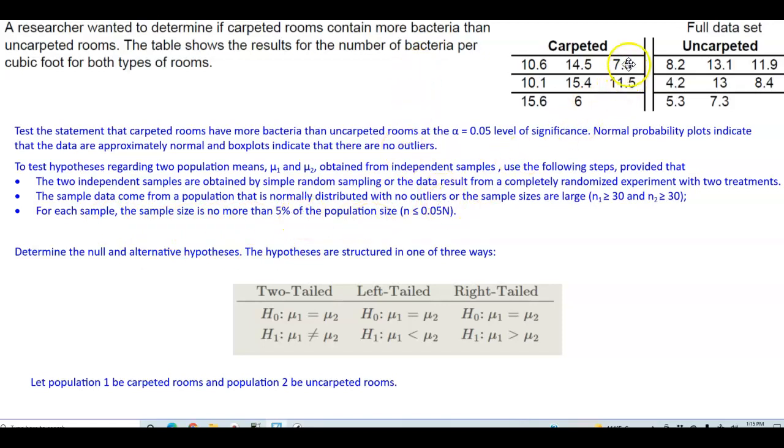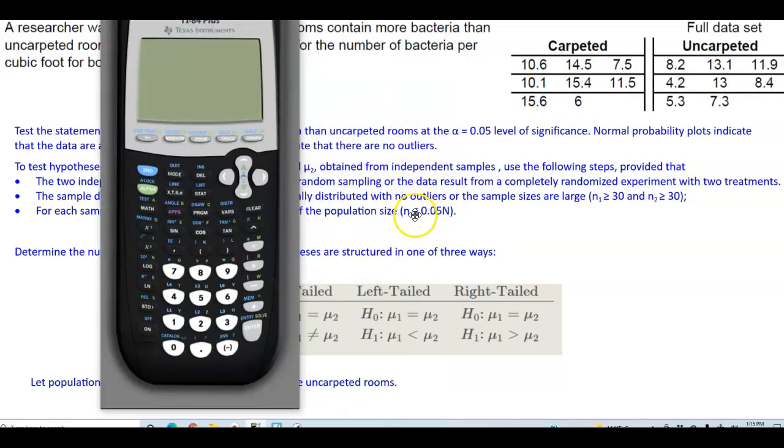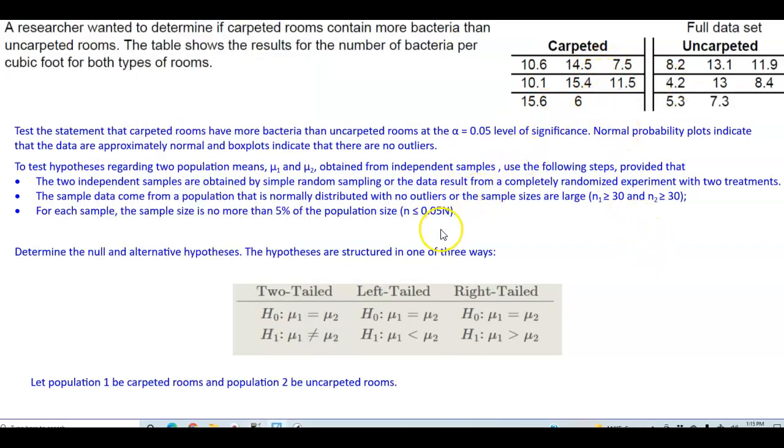So that means here we have 1, 2, 3, 4, 5, 6, 7, 8. So we want to make sure n is less than or equal to 0.05 of the population. Well, we can say that 8 is going to be less than 5% of the population.